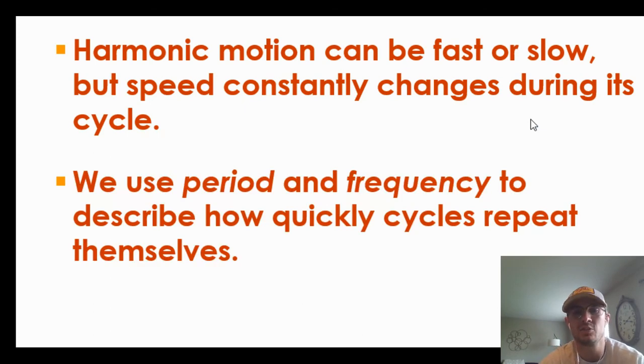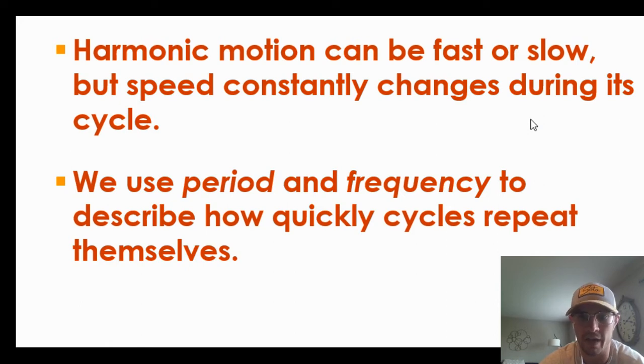Harmonic motion can be fast or slow, but speed is constantly changing during its cycle. If you think about a pendulum, or you on a swing, there are points when you're on that swing where you are moving faster and slower, right? You're not actually moving the same speed the whole time.